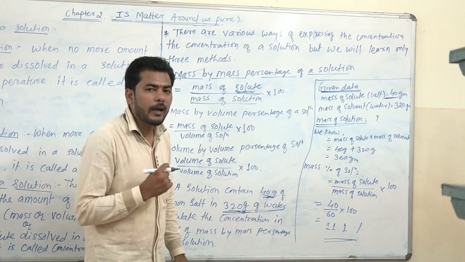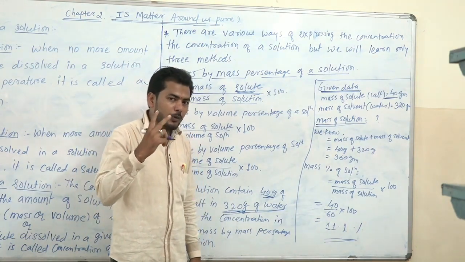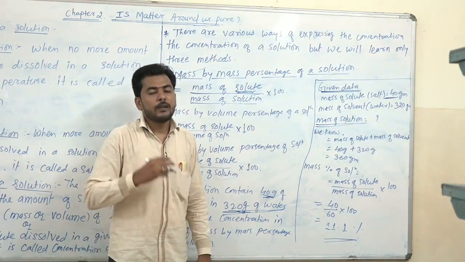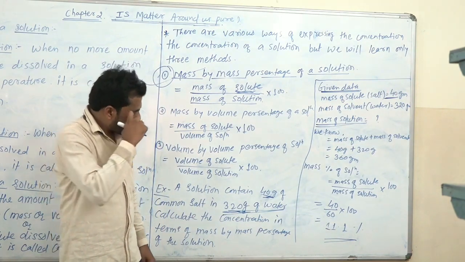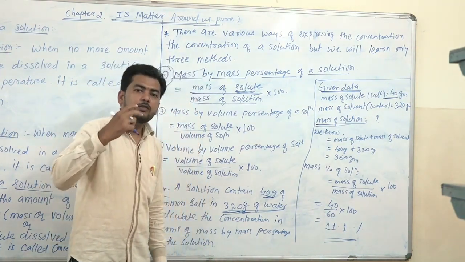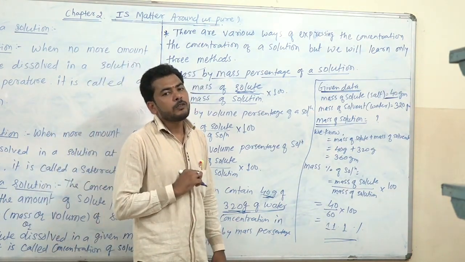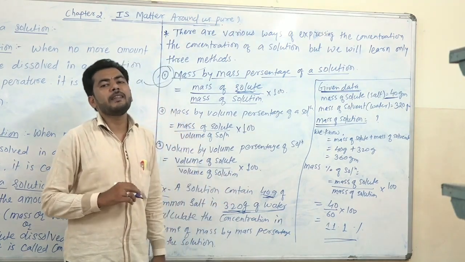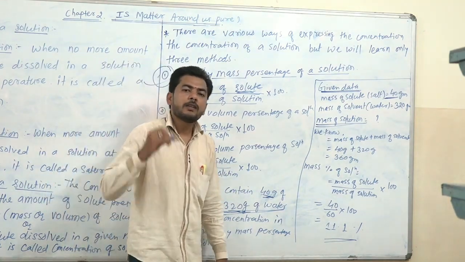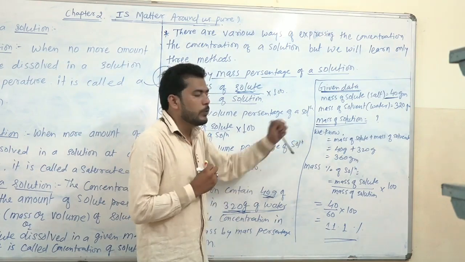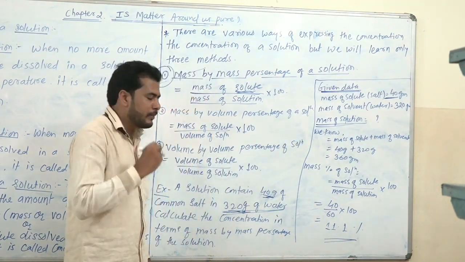So how do we know that? In the solution, two factors are there: one is solvent and another one is solute. If we combine them, if we add them, then it will give the solution.